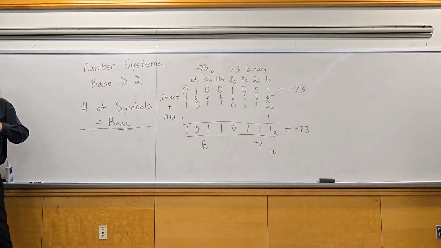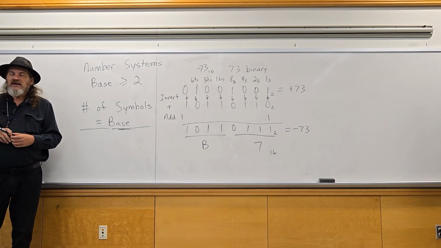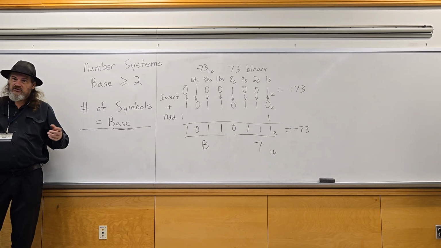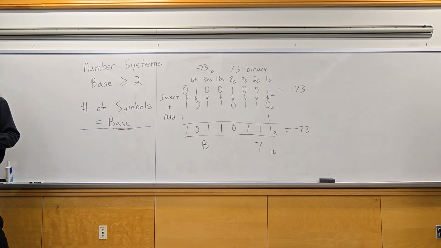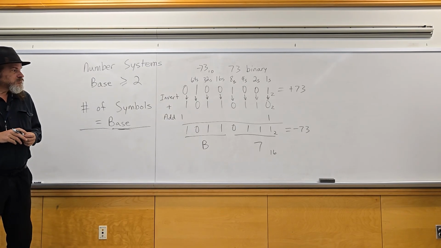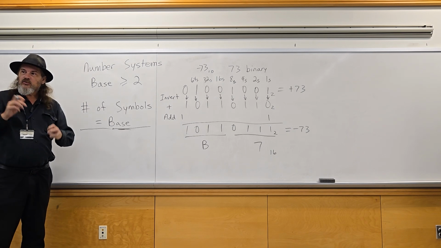So you can easily convert in hardware a positive number to a negative number, and then add that to a positive number, and that's the equivalent of subtraction. So adding and subtracting are done with the same hardware in the ALU, or arithmetic logic unit of a computer, just with a couple of little tweaks to it.